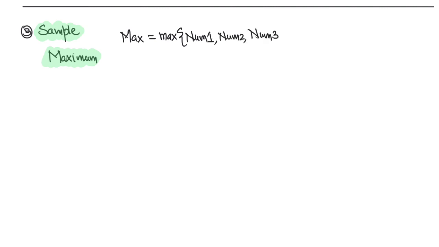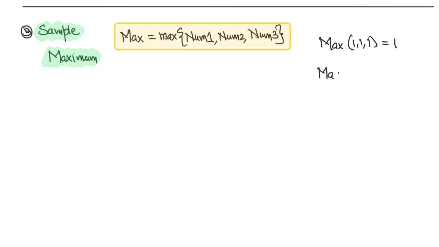The statistic sample maximum is defined as the max of num1, num2, and num3. And it's easy to see that max applied to 1, 1, 1 gives us 1, max applied to the sample data 1, 2, 5 gives us 5, and max applied to the sample data 3, 1, 1 will give us 3.